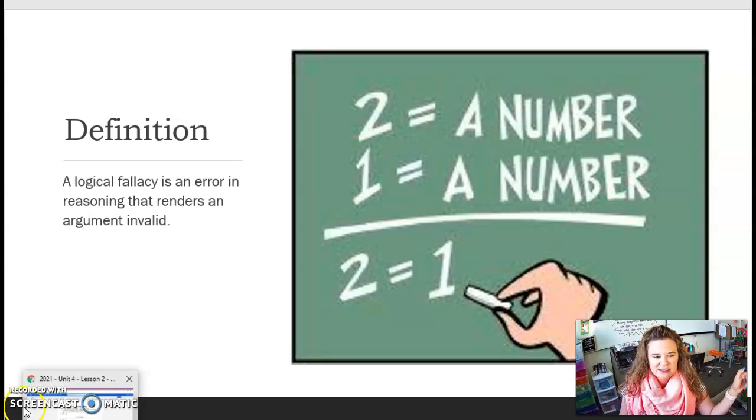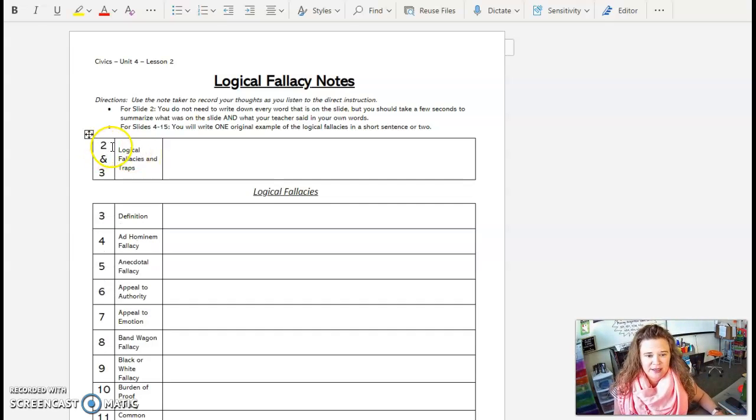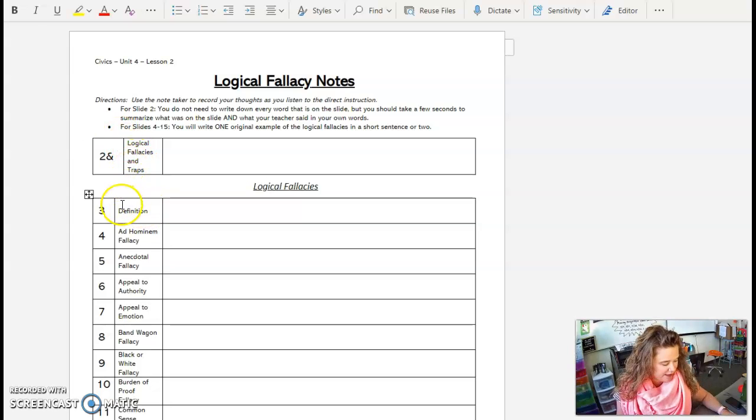As we go through these examples of logical fallacies on slides 4 through 15, you're going to complete your note taker. Oops, and that should totally say 4 through 15. And we're just going to correct this as we go here today. So that first one was on slide 2 and 3.